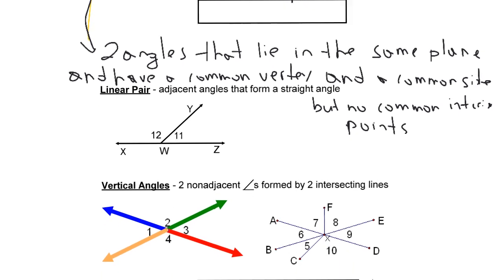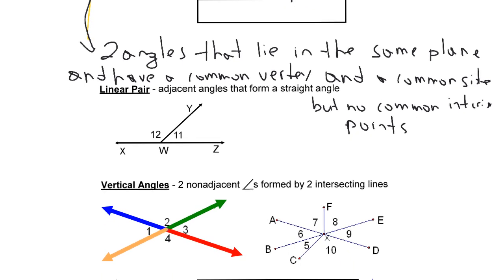The second definition is a linear pair. If you look at the words linear pair, pair means two angles, and linear means when you put them together or next to each other, they will form a straight line or straight angle. So by definition, a linear pair is adjacent angles that form a straight line.